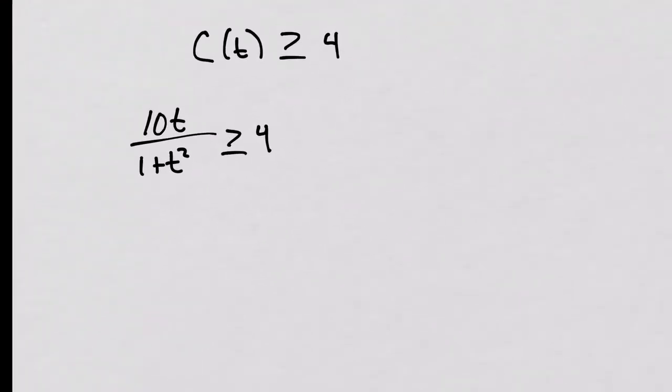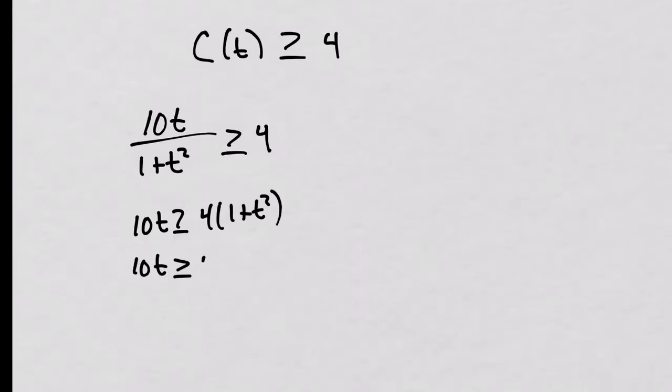And now we solve. I multiply both sides by 1 plus T squared. I get 10T greater than or equal to 4 times 1 plus T squared. 10T has to be greater than or equal to 4 plus 4T squared.